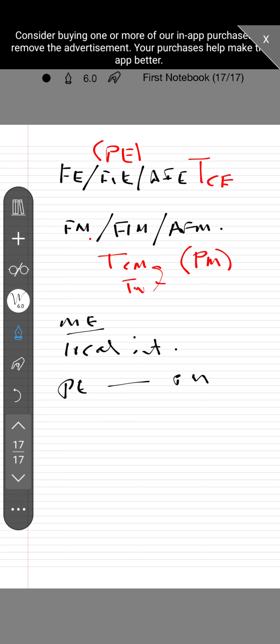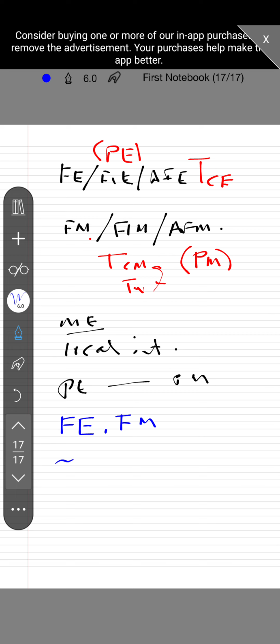Now, the condition for having both ferroelectric and ferromagnetic properties is also accompanied by another type of property.